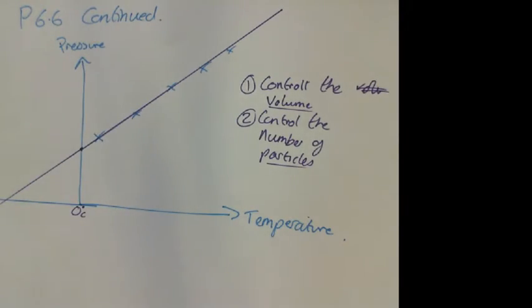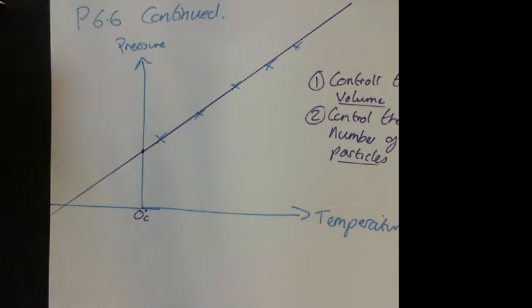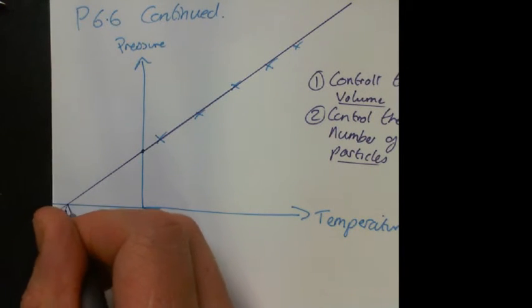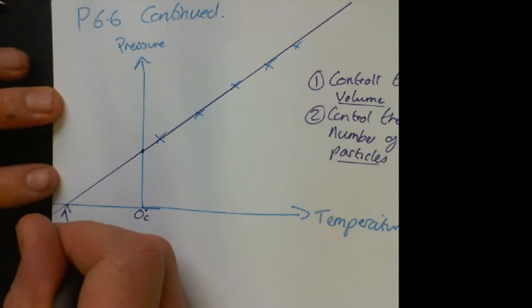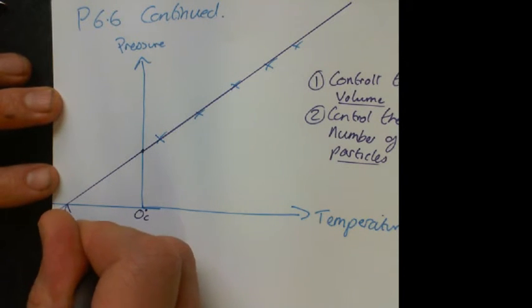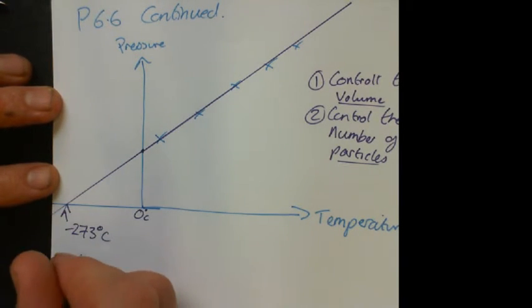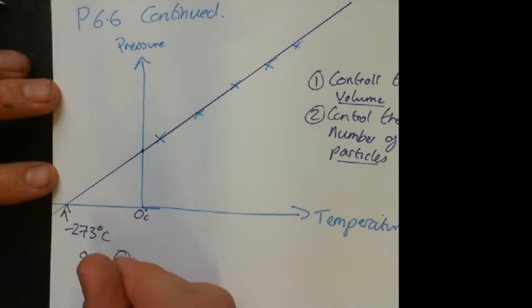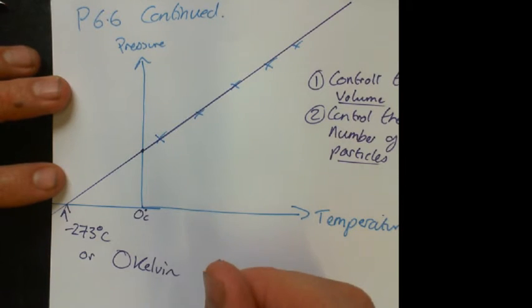So the point where you get 0 pressure would be here, and that is at minus 273 degrees Celsius, or better known as 0 Kelvin, and that is known as absolute zero.